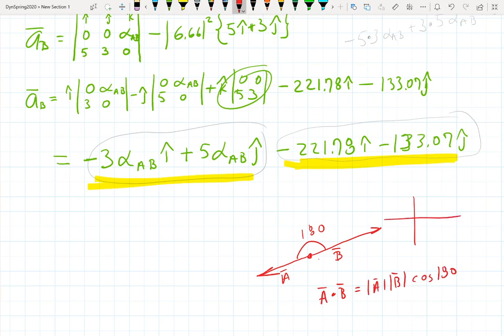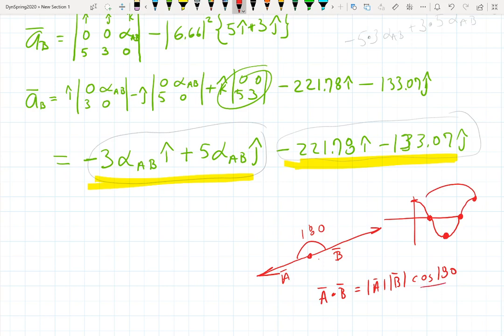Cosine starts up here, progresses down to here at 90, 180, 270, and then 360, or back where it was.